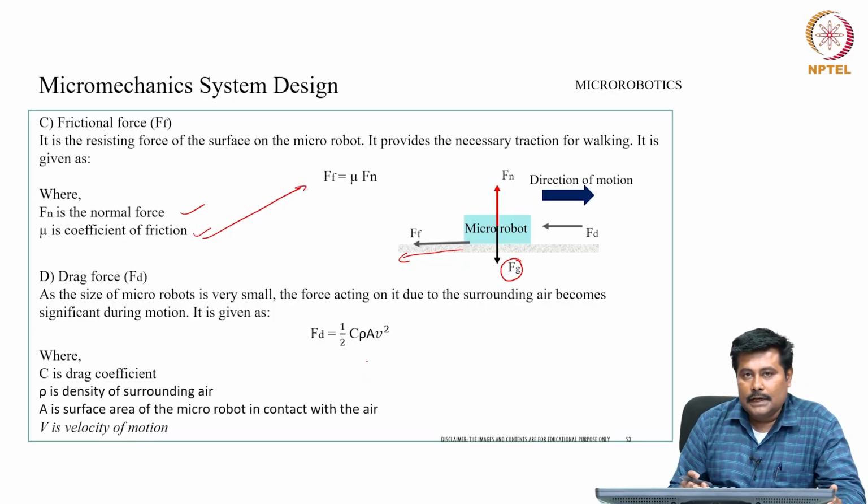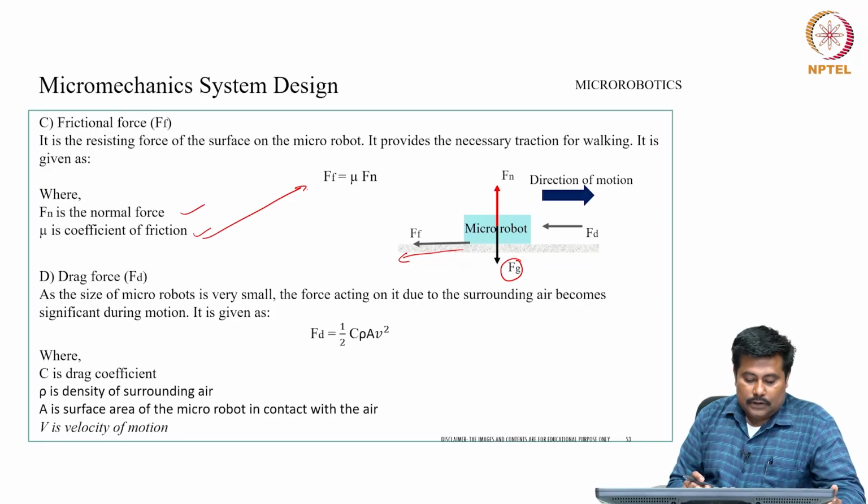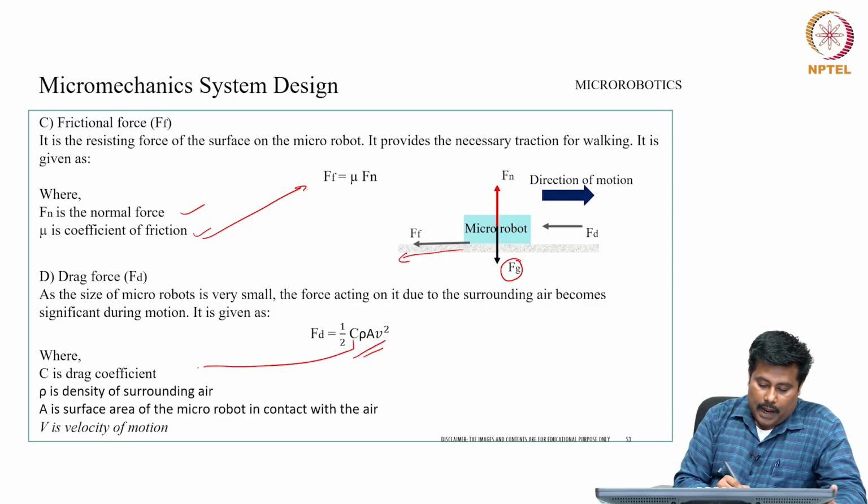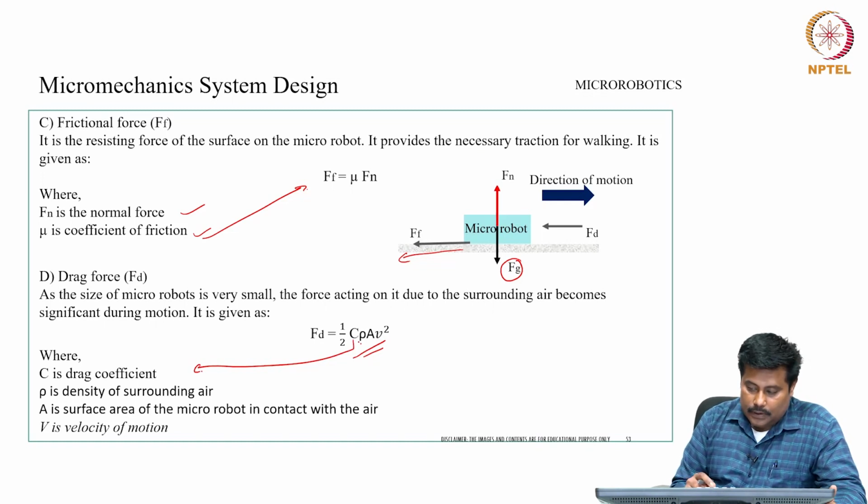Now, let us take the drag force. As the size of the micro robot is very small, the force acting on it due to the surrounding air becomes significant during motion. So, it gives Fd equals half C rho A v square, where C is the drag coefficient, rho is the density of the surrounding air.